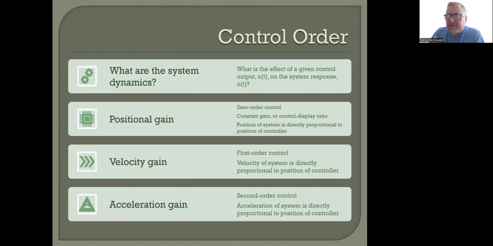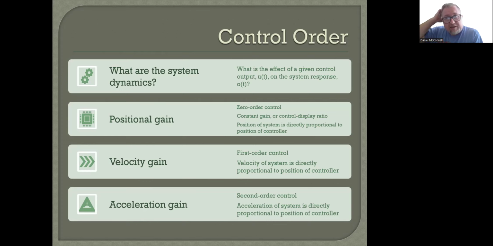So we can come back and think about some of the same terms we used in the mouse control set of notes, like positional gain, where there's a constant, fixed ratio relationship between movement of the controller and movement of the system, right? This is also referred to as zero order control or positional gain. The reason it's called positional gain is that the state or position of the system is in some way directly related to the state or position of your controller, right?